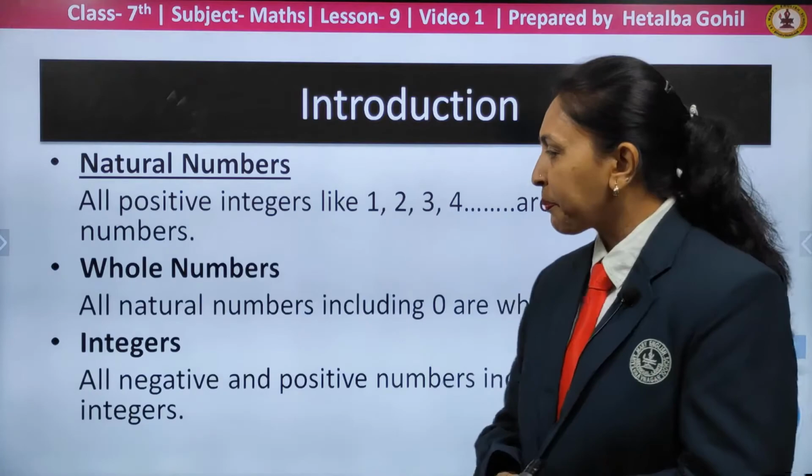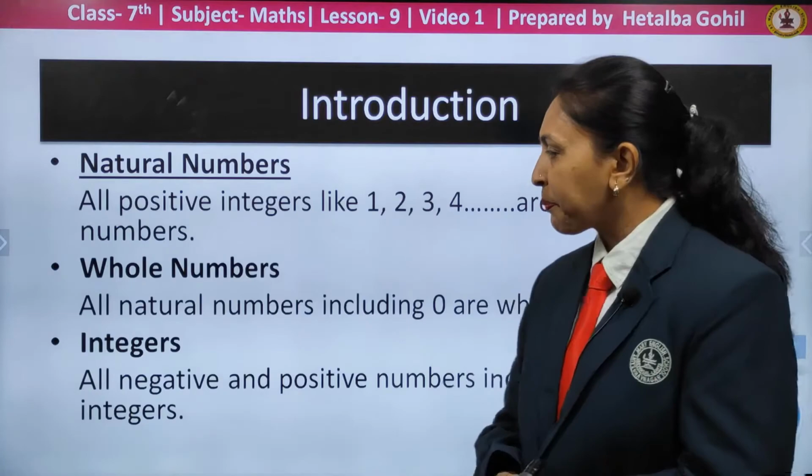Now, converting them into equivalent rational numbers with the denominator 35, we will get 21 upon 35 and 15 upon 35. Now between 21 upon 35 and 15 upon 35, children, you get 5 rational numbers, that is 20 upon 35, 19 by 35, 18 by 35, 17 by 35 and 16 by 35.